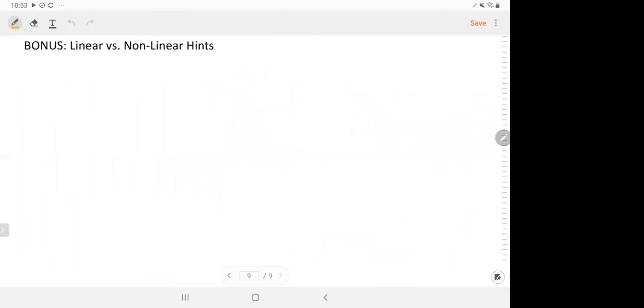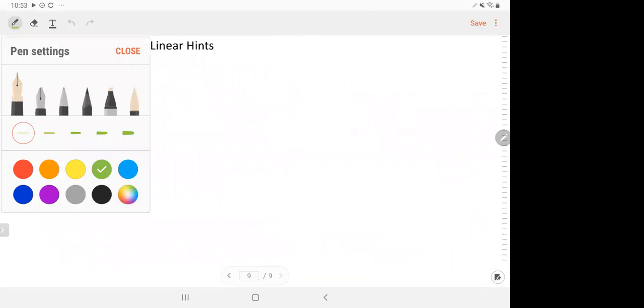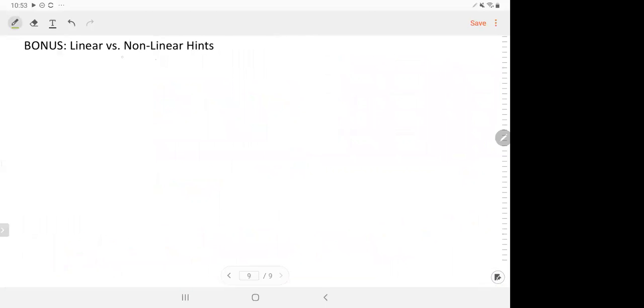So, other linear versus nonlinear hints. We should know by now that in order to be linear, our first difference must be the same. And this is the difference between the y values. So I'm just going to make up a table here, 1, 2, 3, 4.